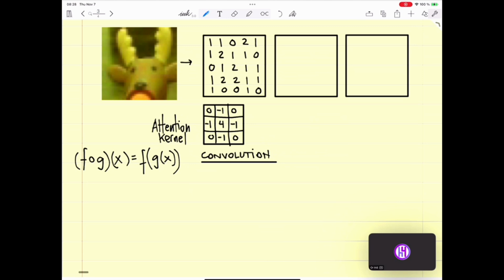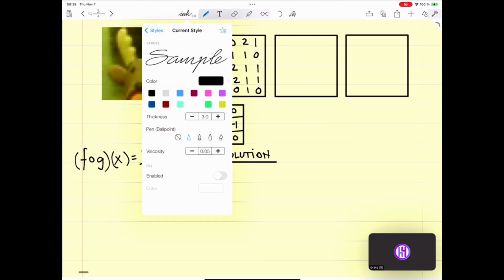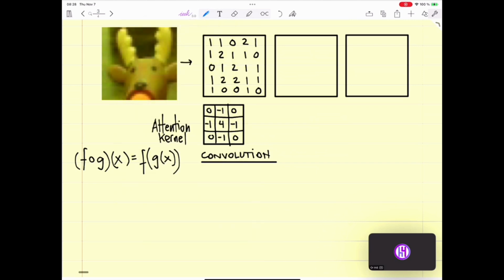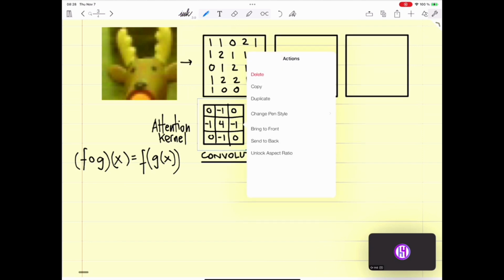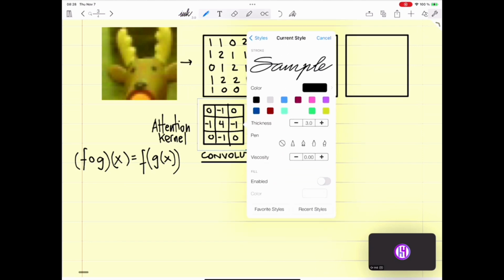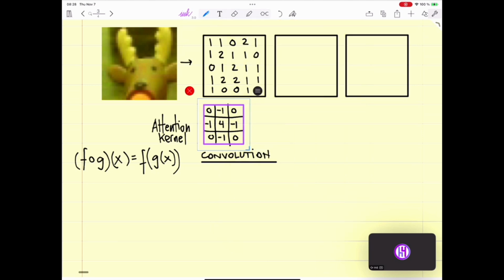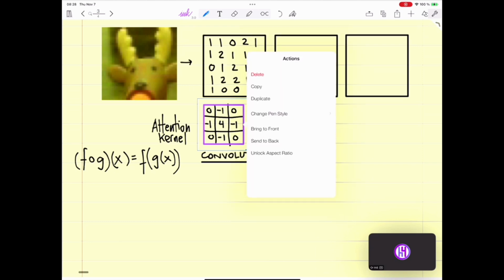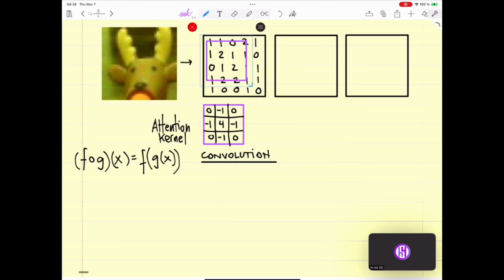So what you do is you take your kernel, and you apply it to this area.